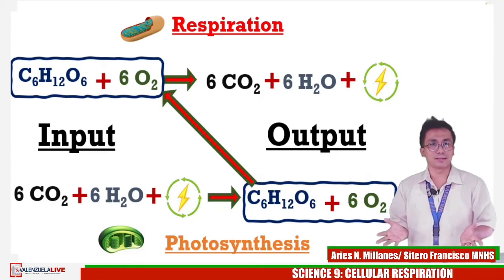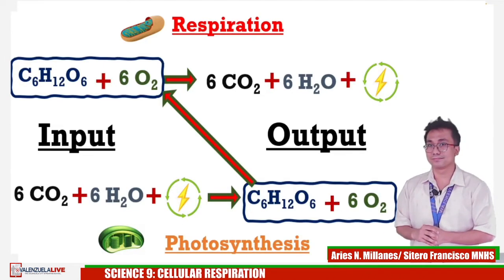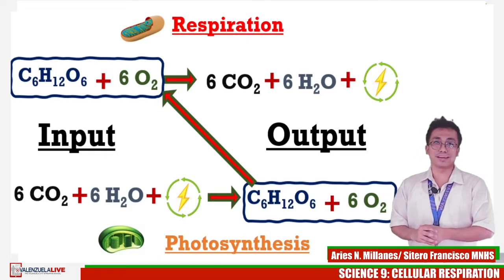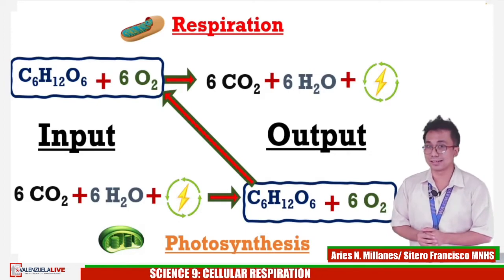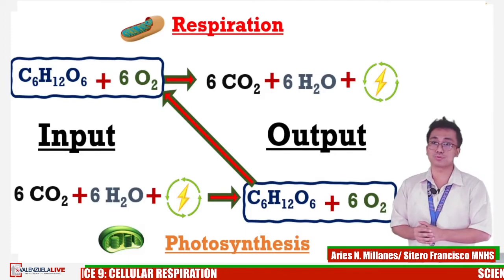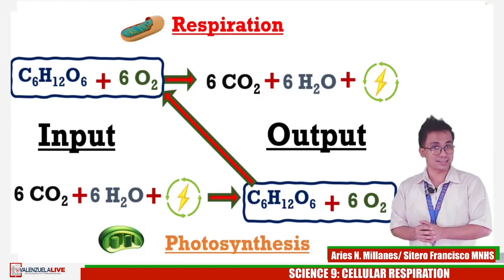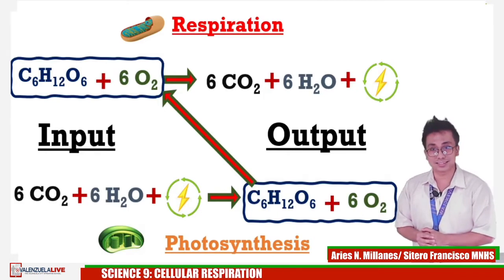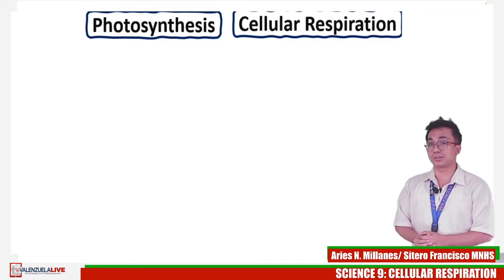What does it mean? Do you have any ideas? Correct. It only means that animals and us, humans, need plants, and the same goes for plants. Plants also need us in order to start their photosynthesis.